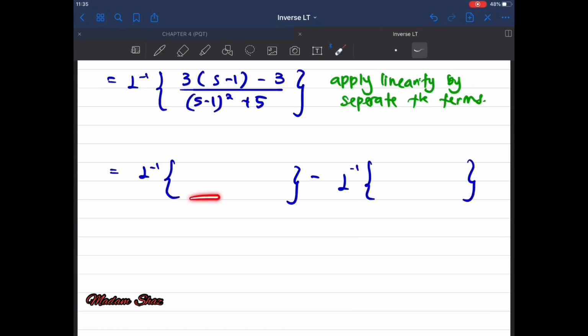For the first curly bracket here, we will write 3 times s minus 1 divided by s minus 1 squared plus 5. For the second curly bracket here, we will write 3 over s minus 1 squared plus 5.